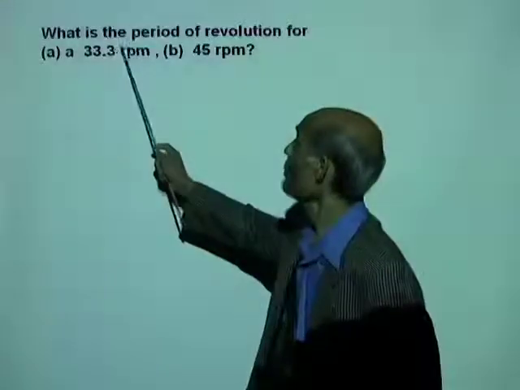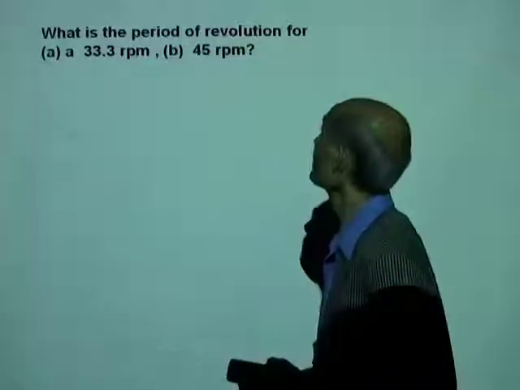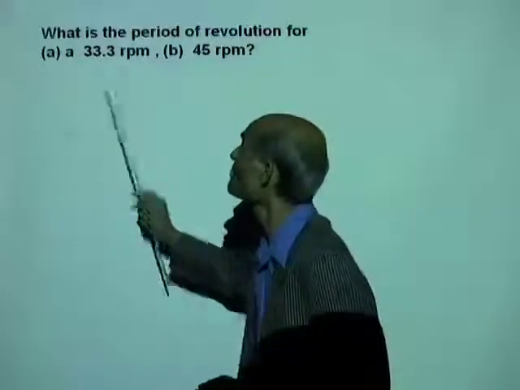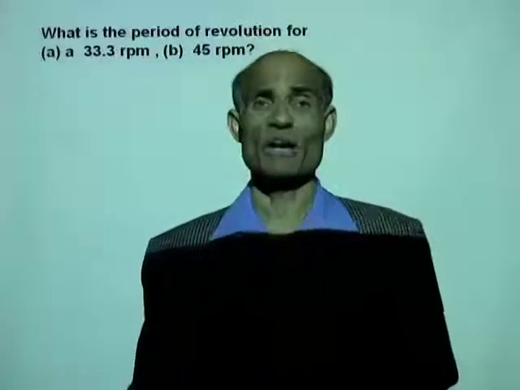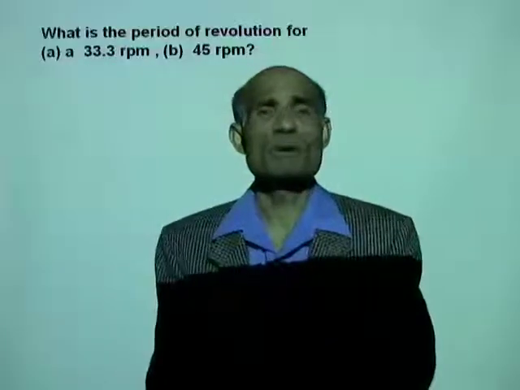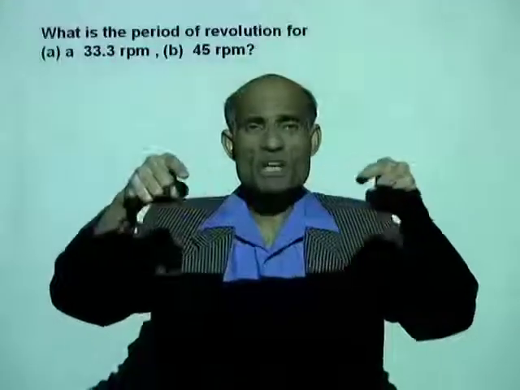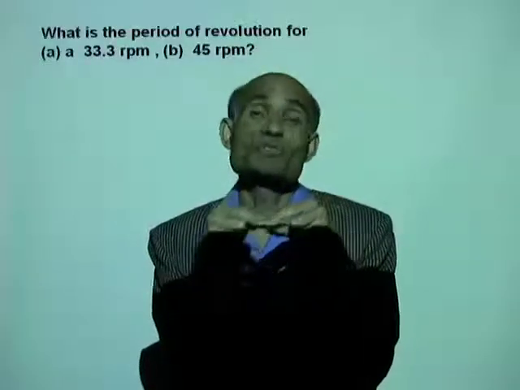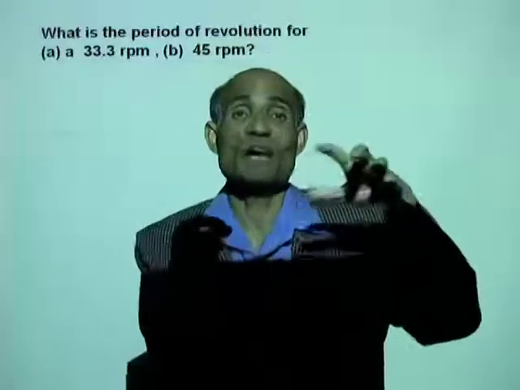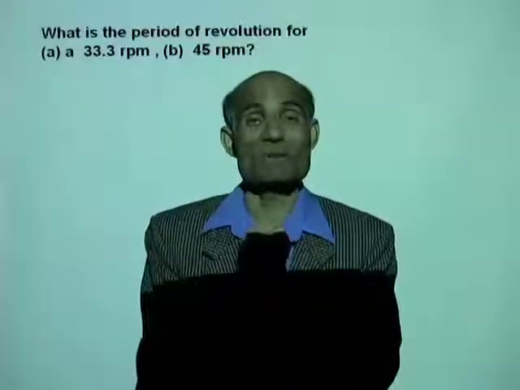A simple problem. What is the period of revolution of a 33.3 RPM record? I don't think many of you would remember we used to have these 33.3 RPM records, which used to hold 6 songs on one side, altogether 12.